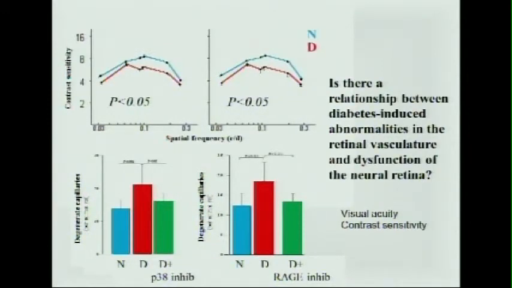I'm just going to use contrast sensitivity as an example here. So here are non-diabetic mice. We can actually measure contrast sensitivity and visual acuity in animals now. So here's the non-diabetic contrast sensitivity curve for mice, and here are diabetics after 8 months of diabetes. This is significantly different. So diabetes causes a significant reduction in visual acuity and contrast sensitivity.